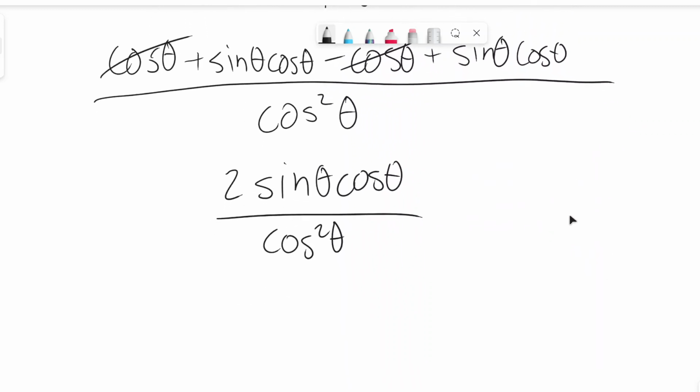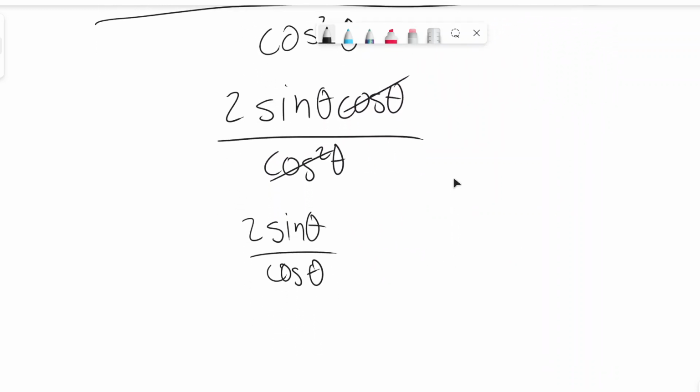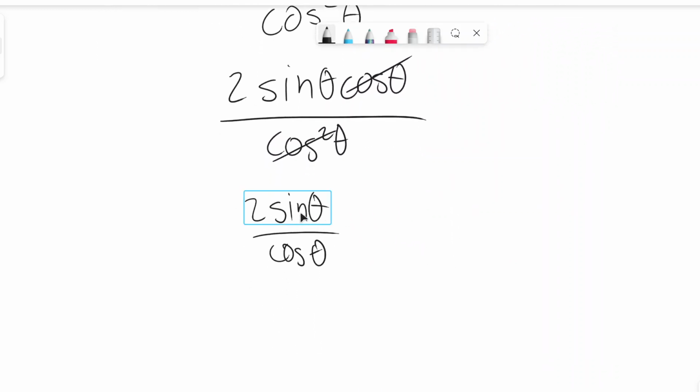Next, you can cancel out one of the cosine thetas. So then now what we have is 2 sine theta over cosine theta. Because remember, we're squaring it here, but there's only one of it here. And now we'll realize that this is sine theta over cosine theta.